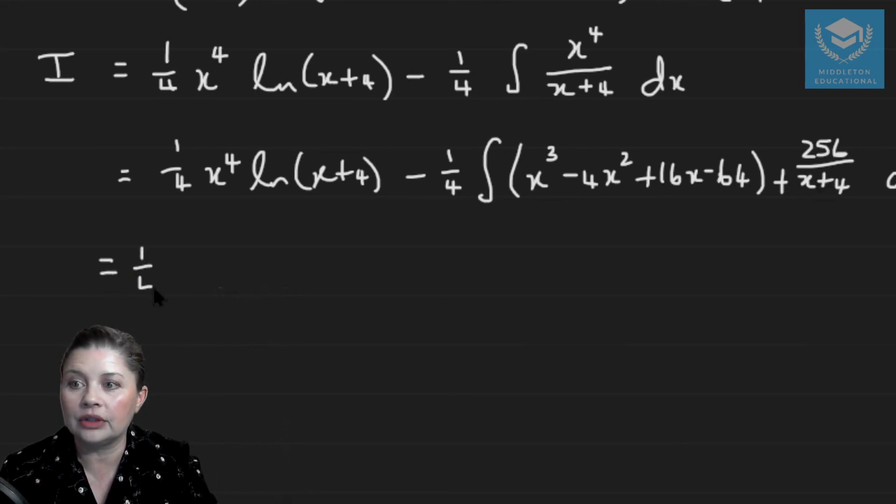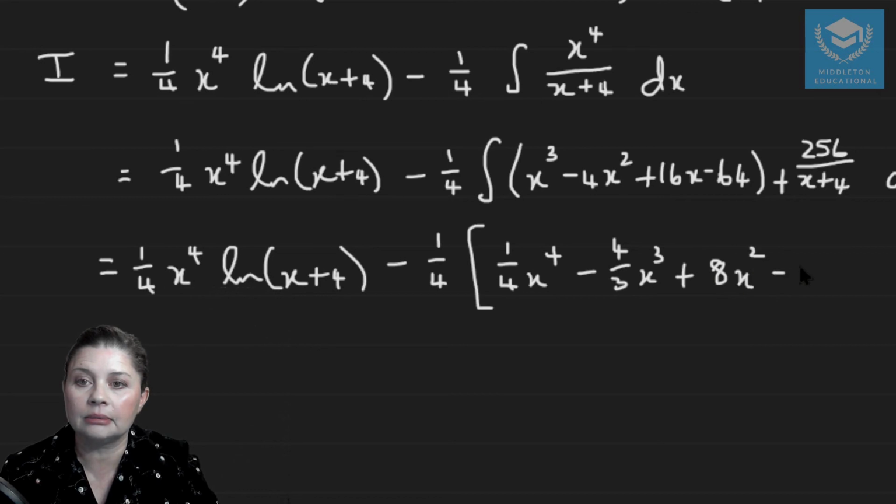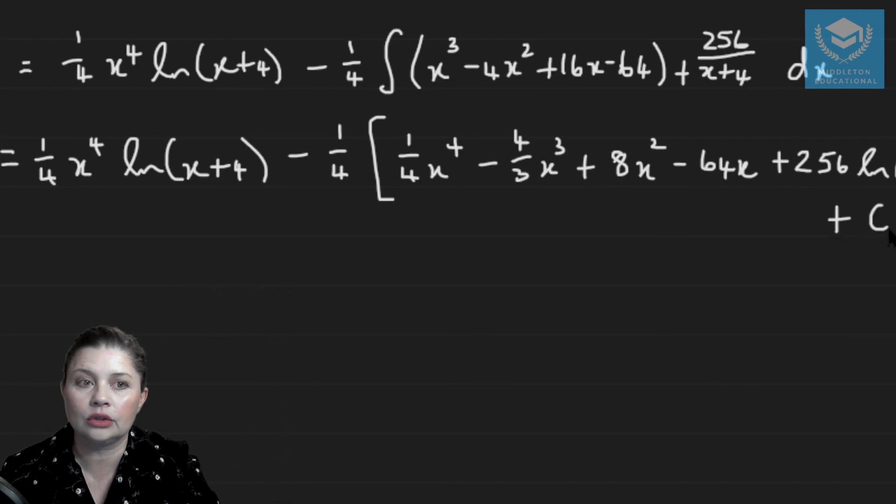So what we end up with is a quarter x to the 4 ln of x plus 4, minus 1 over 4 times this integral, which is going to be 1 over 4 x to the 4 minus 4 over 3 x cubed plus 16 over 2, which is 8, x squared minus 64x plus 256 natural log of x plus 4, plus the constant.